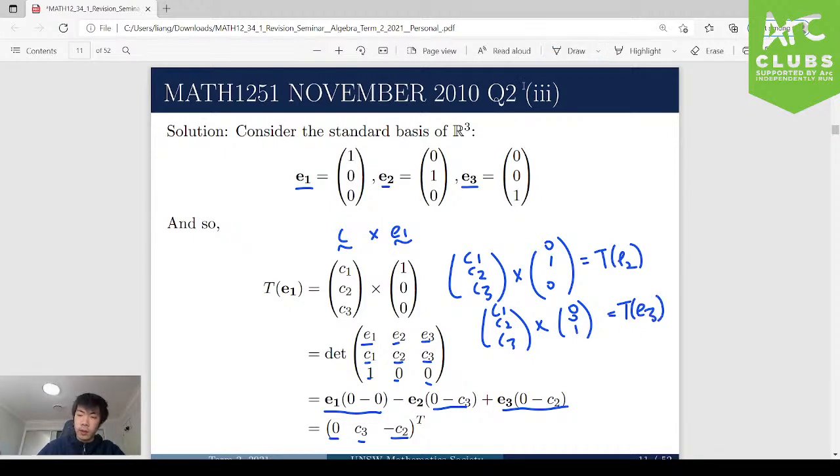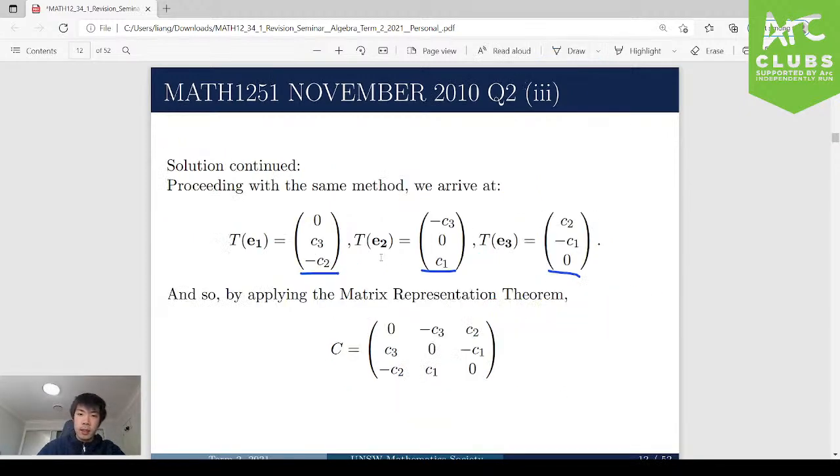Okay. And once you evaluate all that, then you can just use the matrix representation theorem, which, like I said before, takes this first vector, slots it into the first column, the second vector slots into the second column, third vector slots into the third column, and there you have your matrix C. Okay?